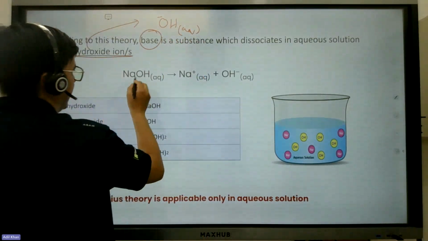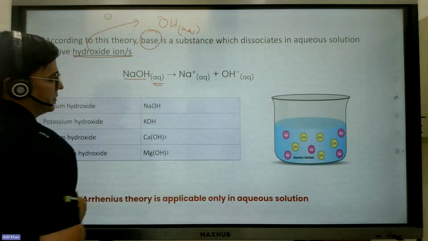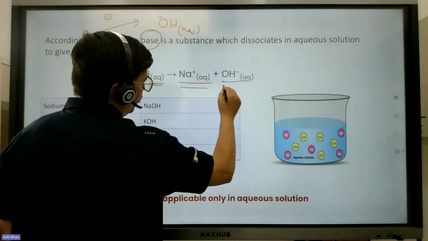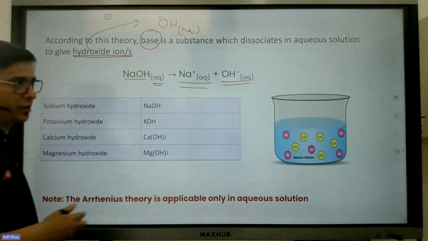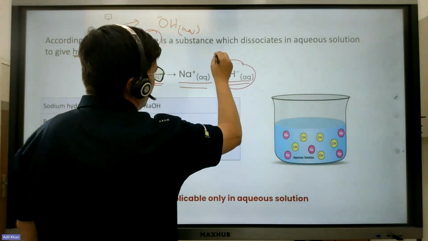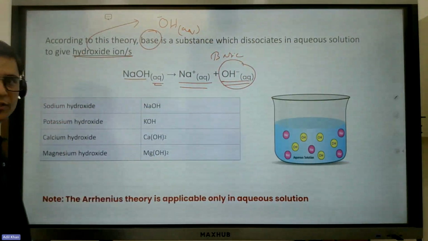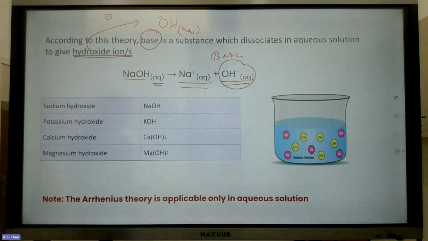For example, I take NaOH and this is the water symbol. So it will form sodium ion and OH minus aqueous ion. So this is responsible for the basic nature of NaOH. NaOH is basic due to presence of OH minus hydroxide ion.